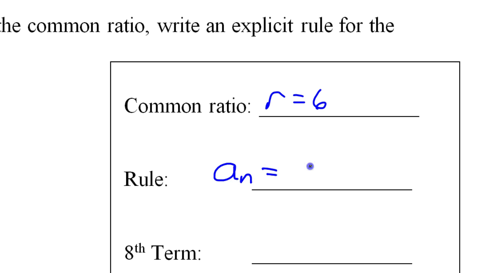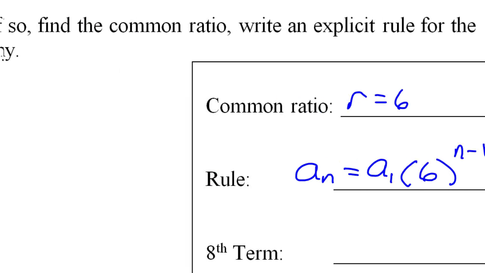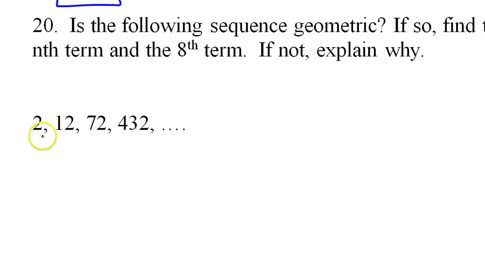The nth term is going to equal the first term times the common ratio to the n minus 1 power. Alright, that's the general model. So we just found r was 6, so we could go ahead and put that in. A1 is simply the first term, which is 2.